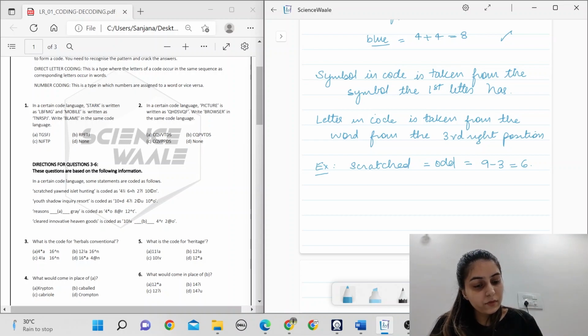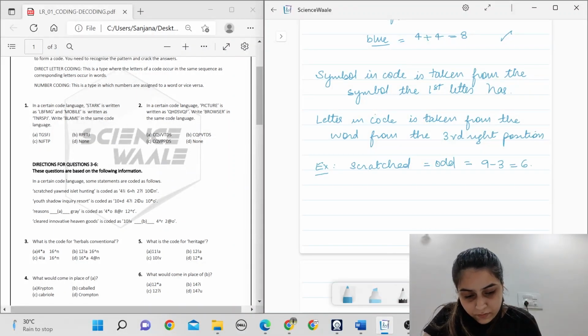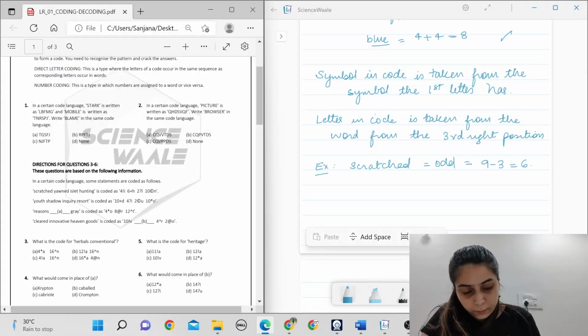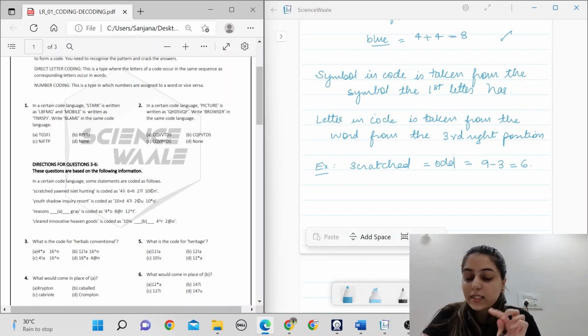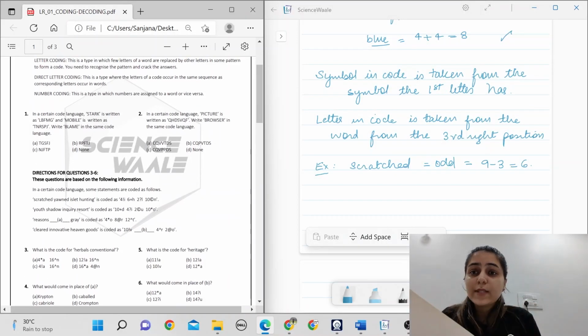The symbol is taken from S. So for S they have given plus, because scratched has the number 6 in its code, and no other word has 6. So this would be 6 plus H, obviously.